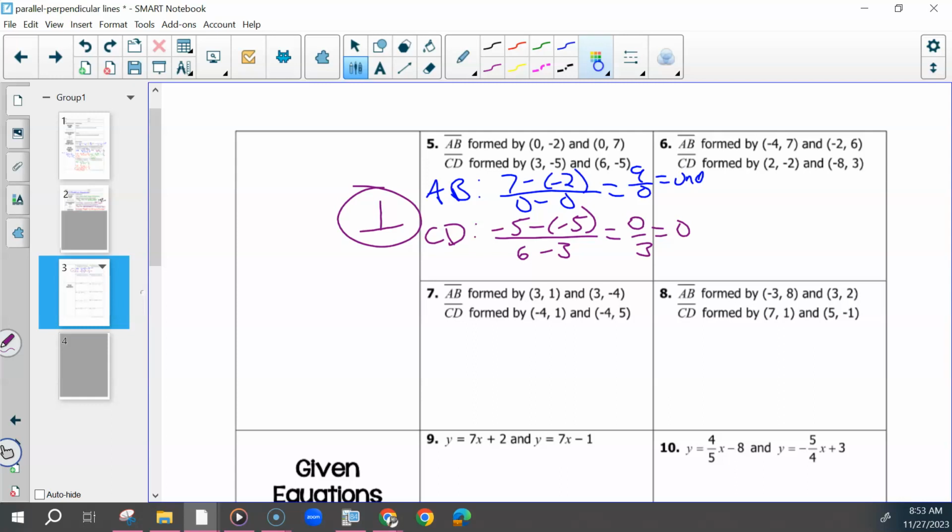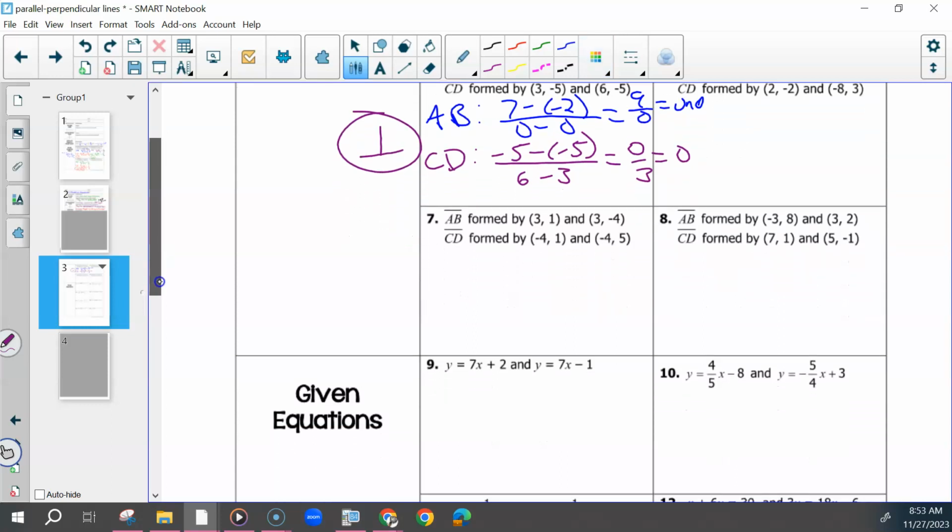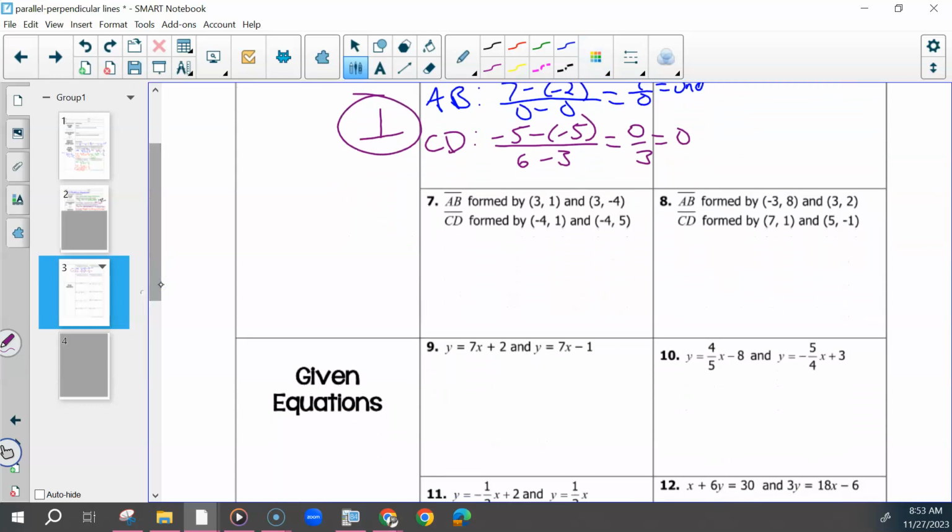Okay. So we did a bunch where we had to find the slope. Now we're going to look at some equations. So number 9. Would those be parallel, perpendicular, or neither? We're looking at the slopes.